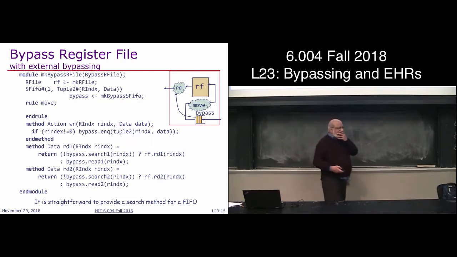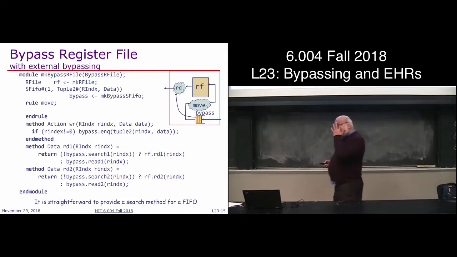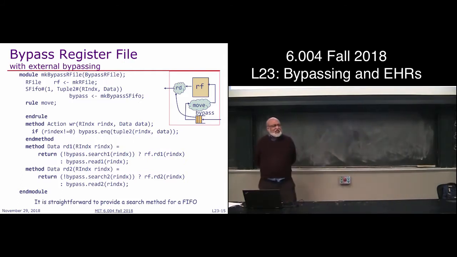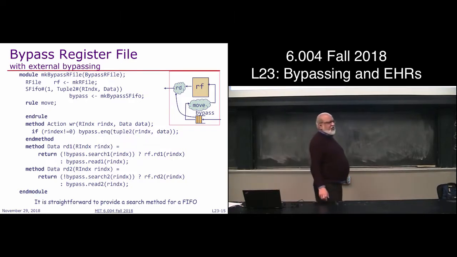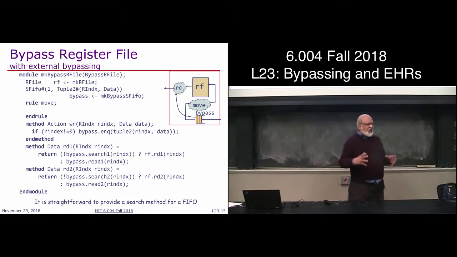Yes? I wanted to ask what's the difference between a FIFO and an S FIFO? I'm coming to that. Okay, so that's the thing that is written at the bottom. You have your FIFOs, right, of any ilk. So this has nothing to do with bypass or not bypass. Ordinary FIFO, and now I'm going to provide you an extra function on it, search. Right?